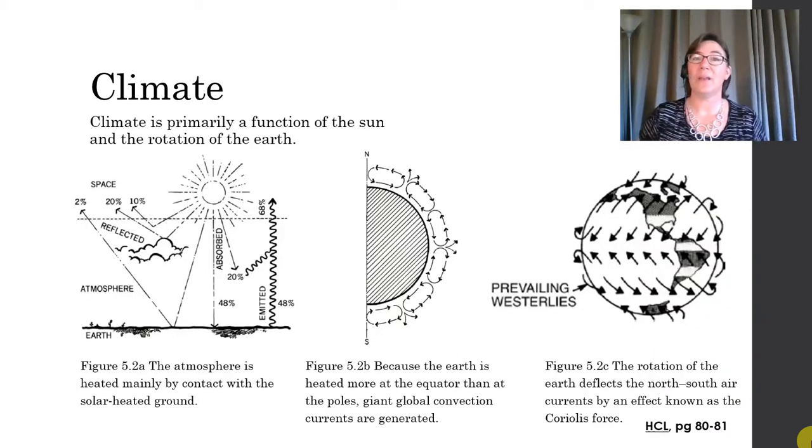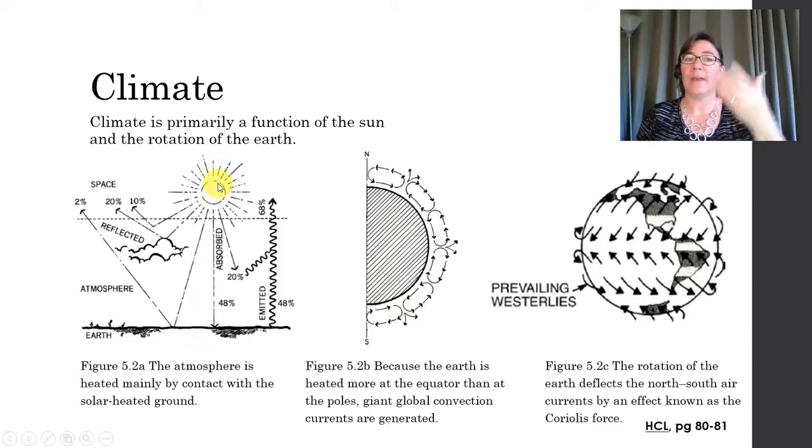So climate as we know it here on the Earth is primarily a function of the sun and also the rotation of the Earth. Here are a couple of interesting illustrations from your textbook. Let's start with figure 5.2a. The main source of heat in our atmosphere on our planet is the solar heated ground.